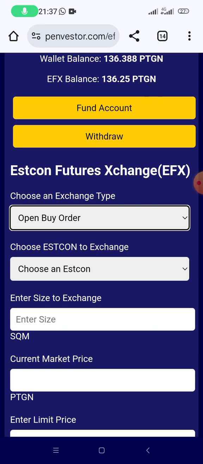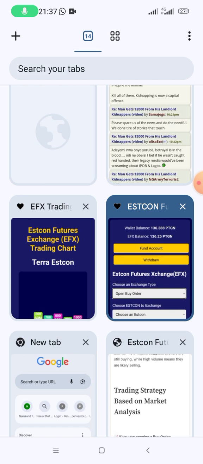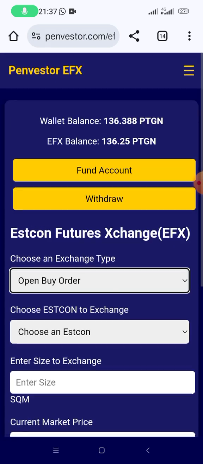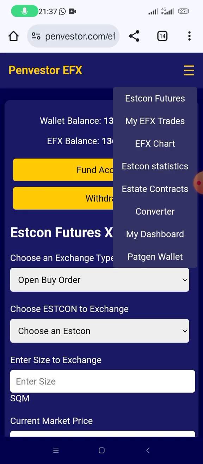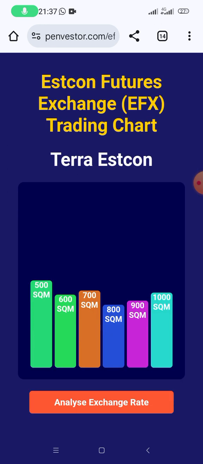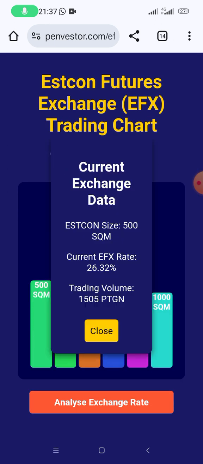This is the page, yeah. So I will go back to that EFX chart and you see what I'm talking about. If you click on this 500 SQM, that is, if you want to trade at Estcon size 500, you check. The EFX rate is 26%, trading volume is 1505.